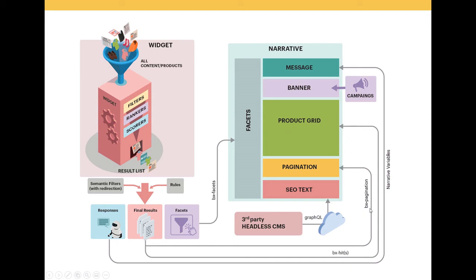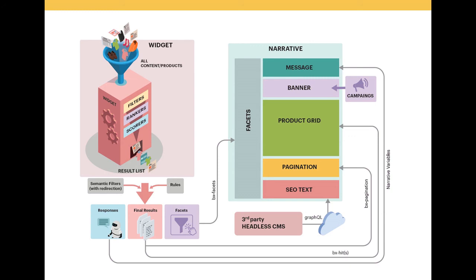With the BX pagination and the BX hit and BX hits parameters, behind the scenes, the final results will be connected to provide the right products in the grid and to provide the right pagination. So that basically means that what happens automatically is that we have a natural visualization of the content of your widget with the results in a grid, with the pagination, with the facets.